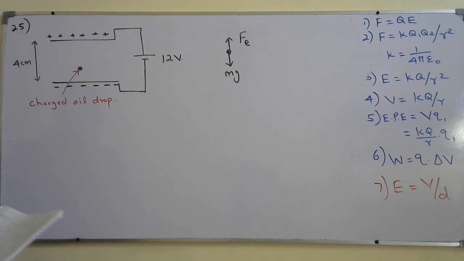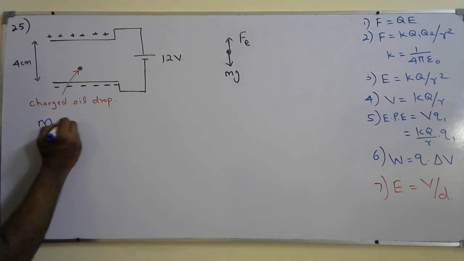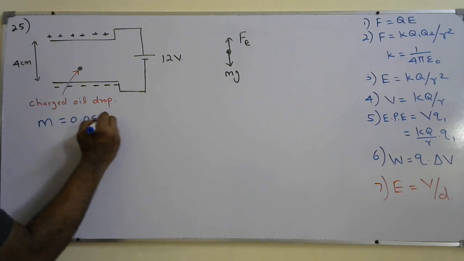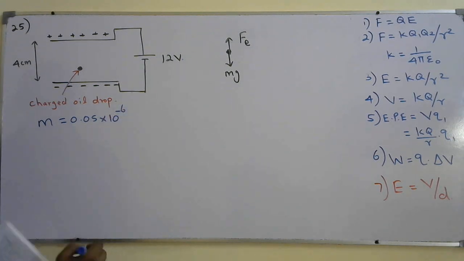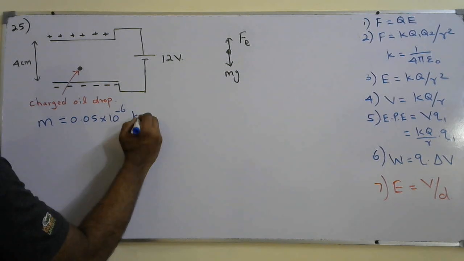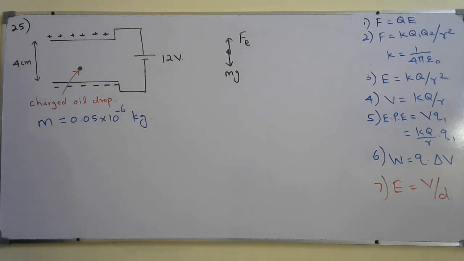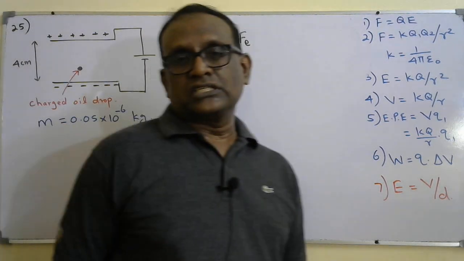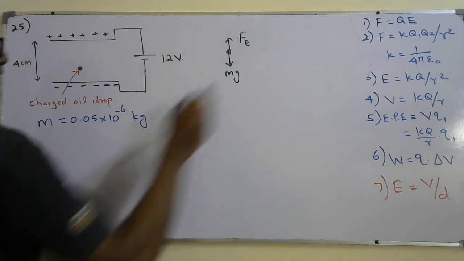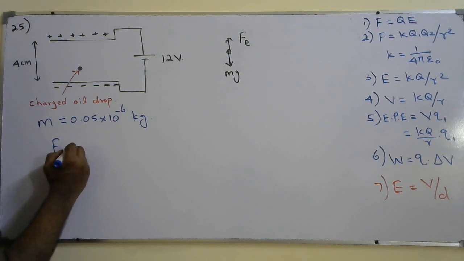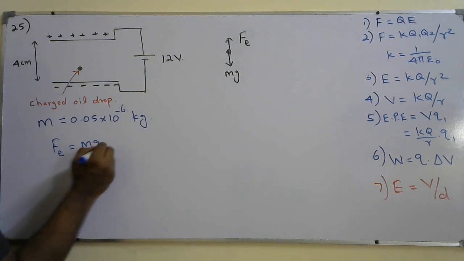So here the mass of the oil drop is given as 0.05 times 10 to the power minus 6 kilogram. The question is, find the charge of the oil drop. We know it's at rest, which means Fe must be equal to mg, the electrostatic force equal to its weight.